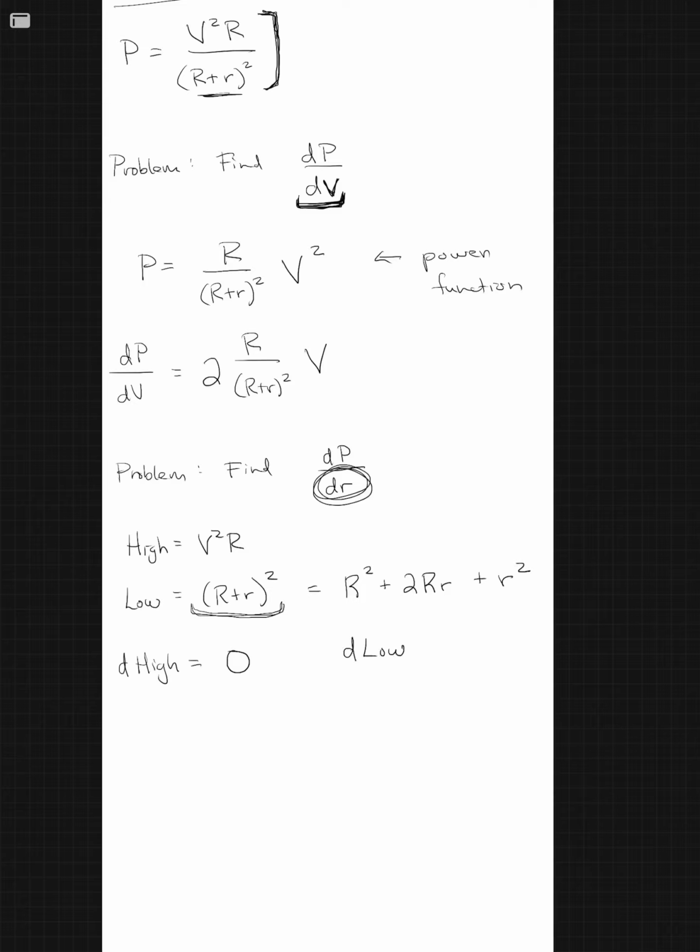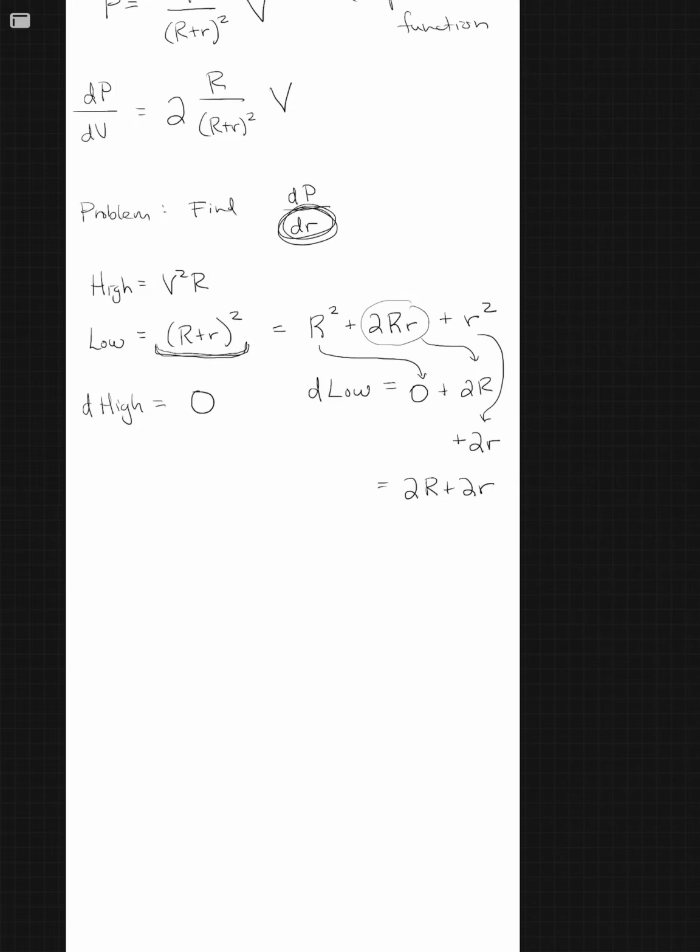And d low, this is just a polynomial, right? So capital R squared here is just a constant. This is just a linear term, so we just get the coefficient. And this guy becomes 2r, right? We bring that 2 forward and we drop the exponent by 1. Right, so this is 2r plus 2 little r.